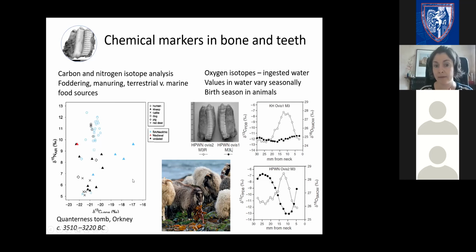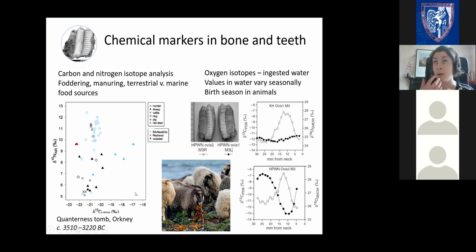So less depleted carbon values, so higher, will be more fishy, more marine, more aquatic, and more depleted will be more terrestrial. So you can see here these humans are actually sitting in quite a terrestrial place, whereas these sheep values are quite marine, and they seem to be eating resources like seaweed.